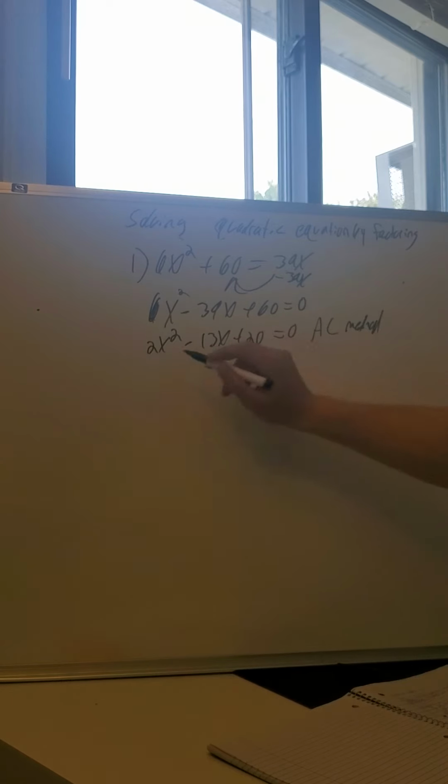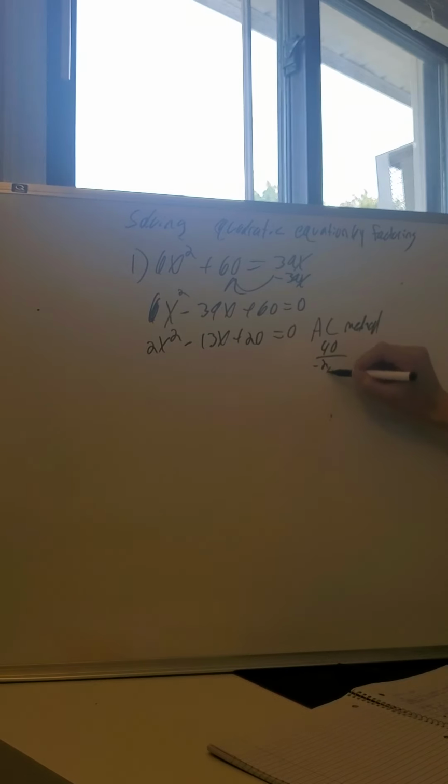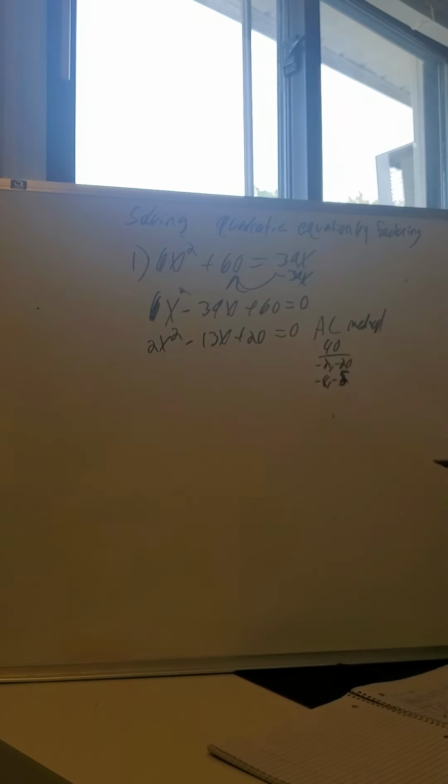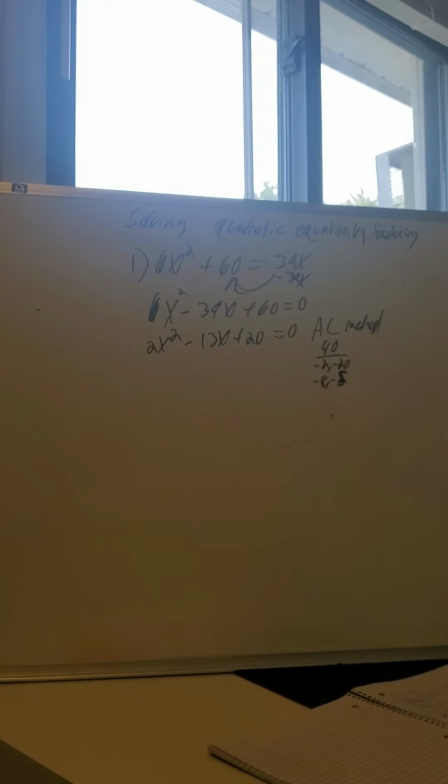So in this case, 2 times 20, A times C, which is 40. Let's break down that 40. We can have negative 2, negative 20. No, it's not going to work. What we could do is negative 8 and negative 5. See why? That negative 8 plus negative 5 adds to our middle term, but they also multiply to our A times C, which is our 40.